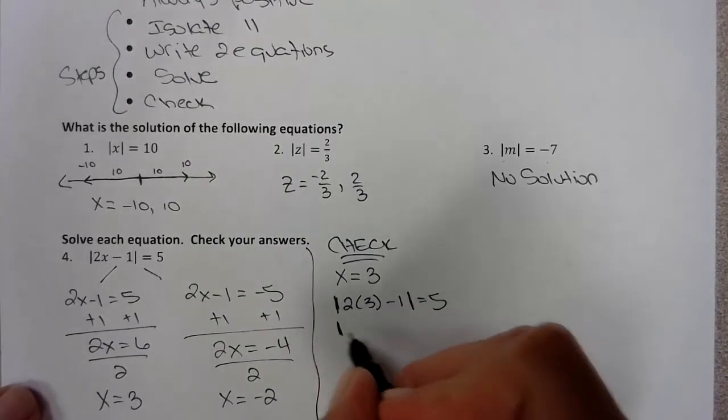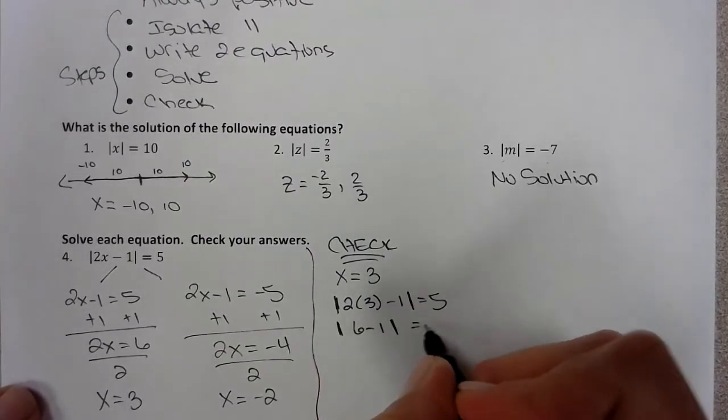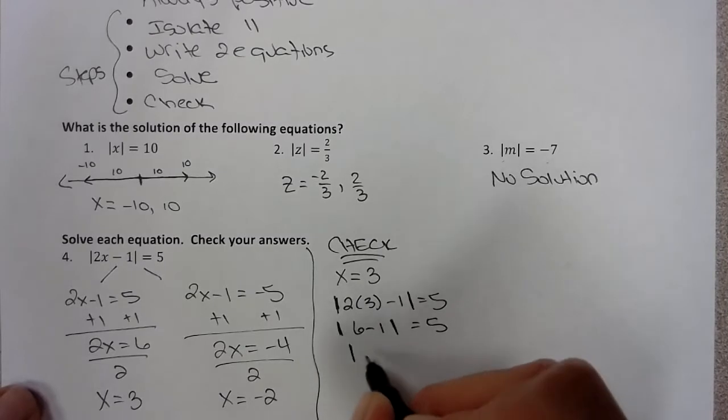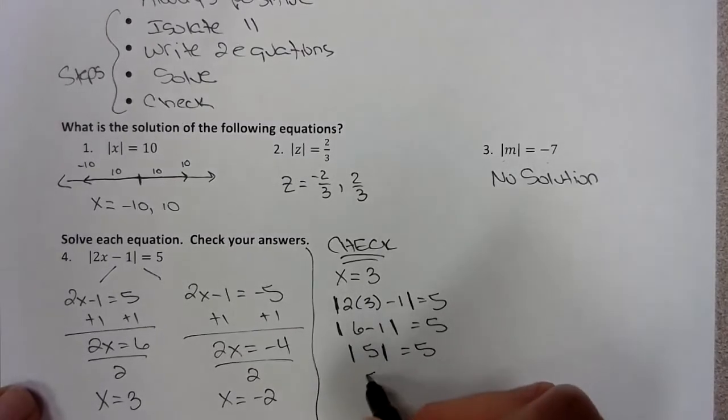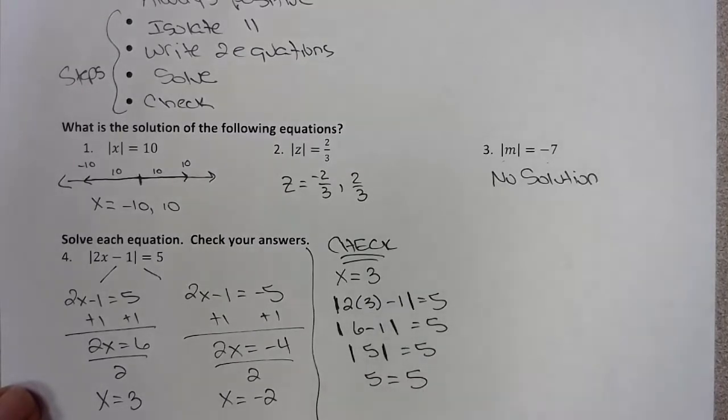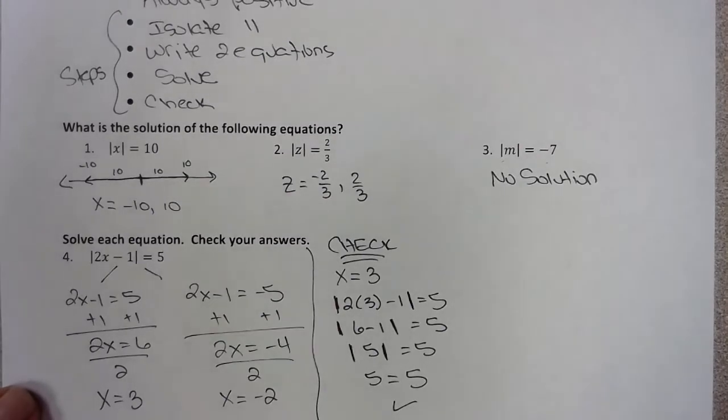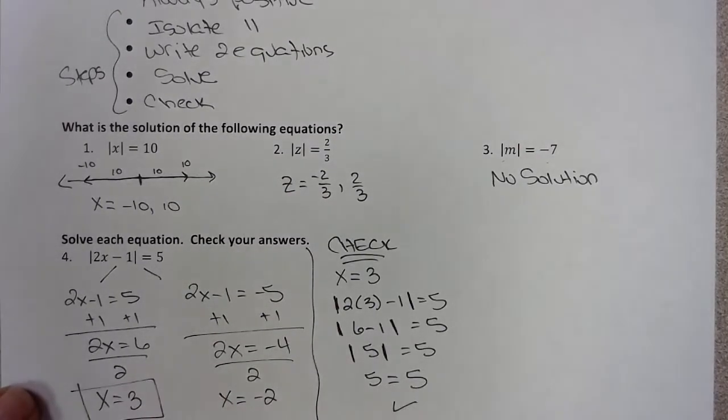Do the math inside the absolute value bars first. Subtract the numbers. The absolute value of 5 is 5. That is a true statement, so that's a good answer. X equals 3 is good.